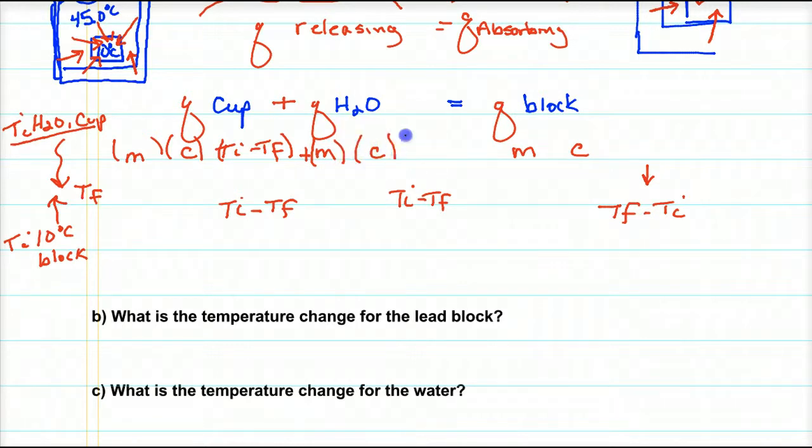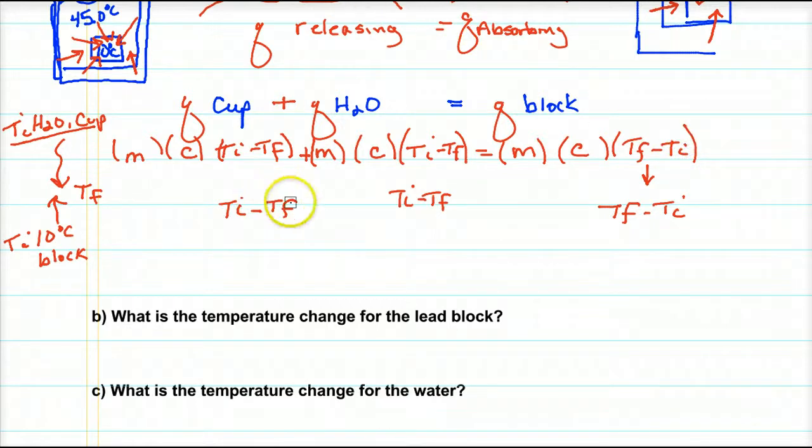The idea behind this problem is we're trying to find the final temperature, that they're all going to be equal once they reach equilibrium. And this would be Tf minus Ti. Okay. Get rid of these guys.